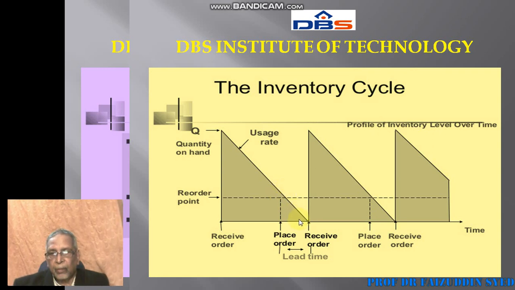It comes down to the x-axis line. So at a point on the timeline, after so many days or so many months, this slant line will touch the timeline. It means you don't have any stock anymore. You have exhausted all the stock.